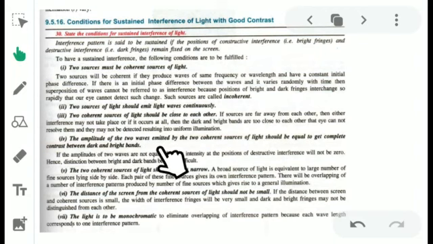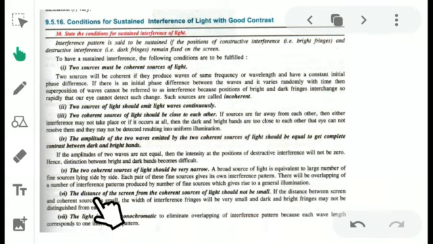See, if the amplitudes are the same, then at the minimum point you will get complete darkness. The two coherent sources of light should be very narrow. If the sources are not narrow, then you will get uniform illumination on the screen.